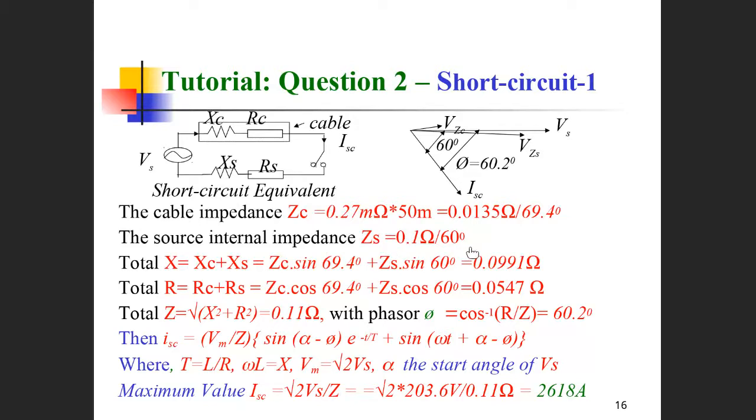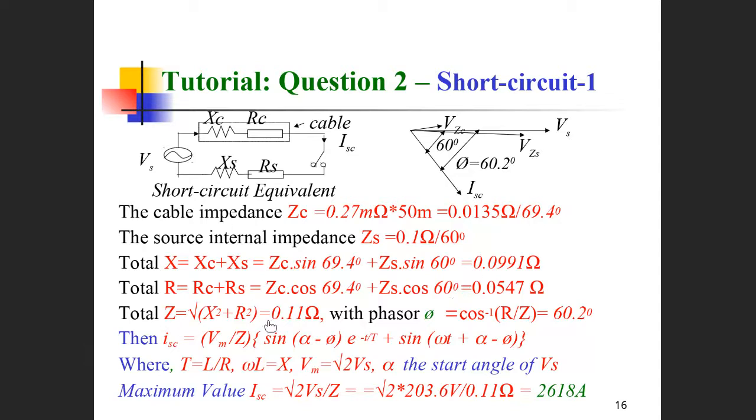Compare 0.013 ohms with 0.1 ohms: the cable impedance is much smaller than the internal source impedance. So the total resistance and total reactance of the system in the short circuit case can be estimated.